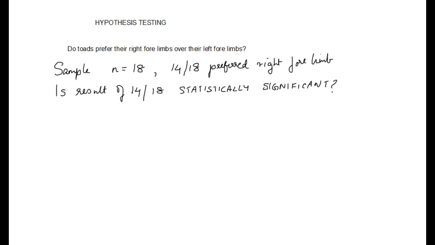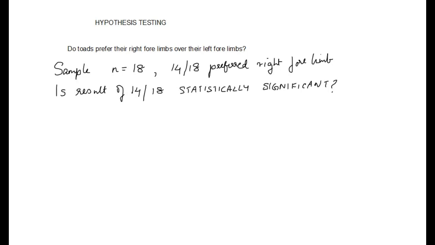This means that since I can't test any more, maybe that's as much as I can do. I can only test 18 toads. Can I then extrapolate those results and apply them to the entire population of toads and say the majority of toads prefer their right forelimb? Or can we use statistics to figure this out without actually catching a million toads and checking their limb preference?